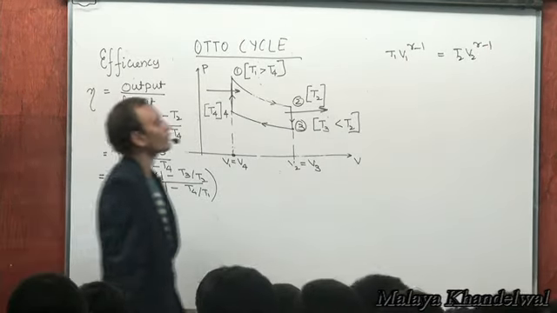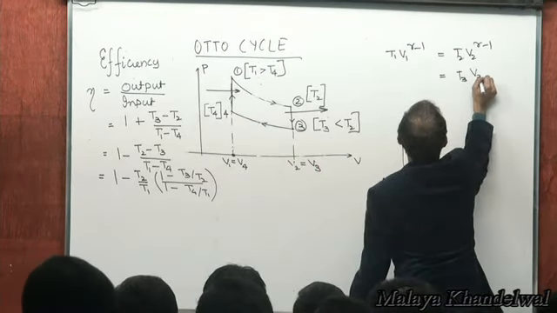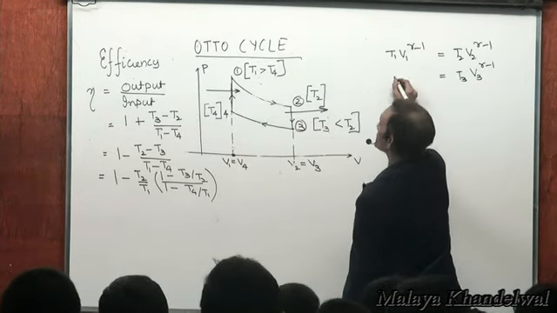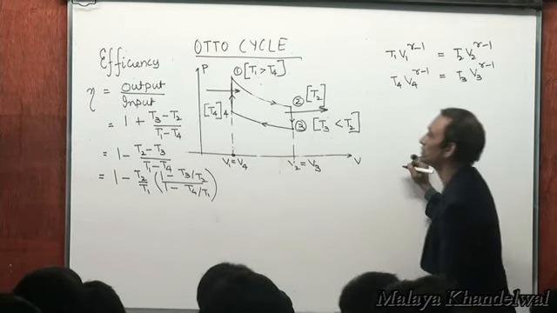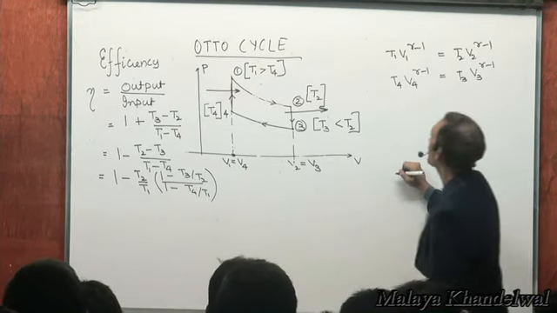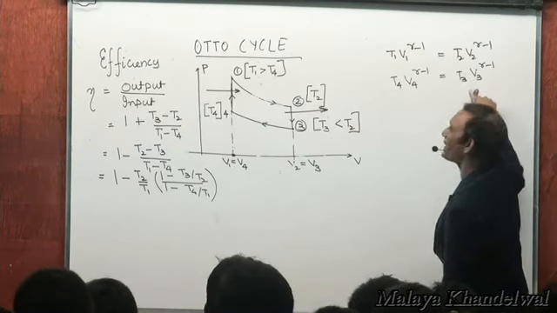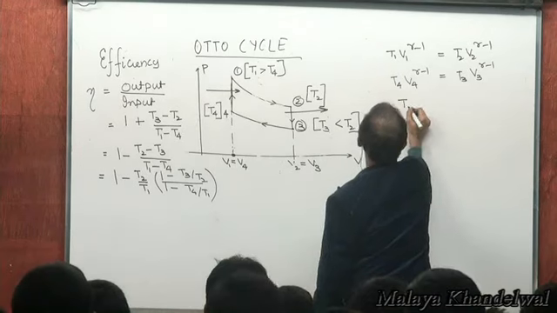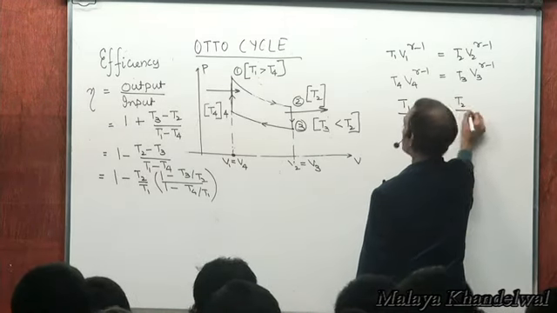Similarly, T3 V3 to power gamma minus 1 is T4 V4 to power gamma minus 1. Now when I divide this by this, V1 is the same as V4 and V2 is the same as V3. They will get cancelled when I divide. So on dividing these two equations, I end up getting T1 by T4 is T2 by T3.